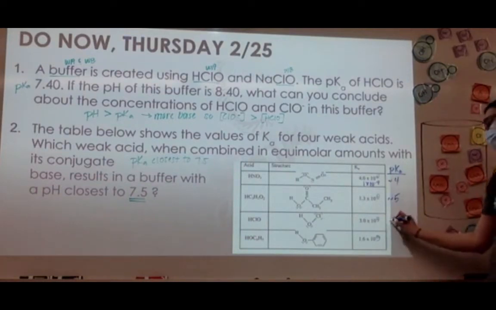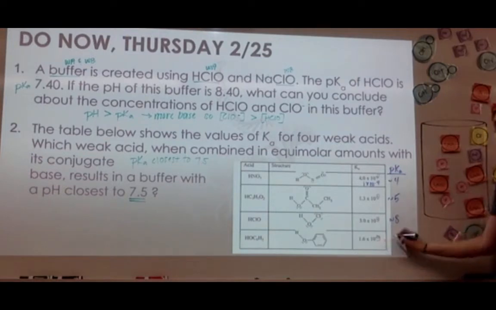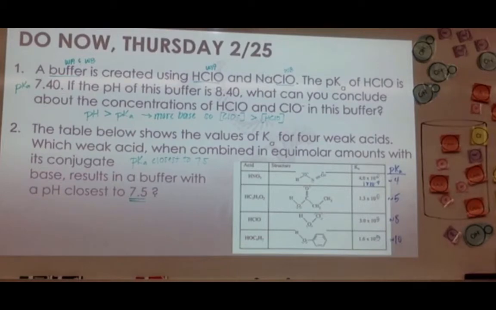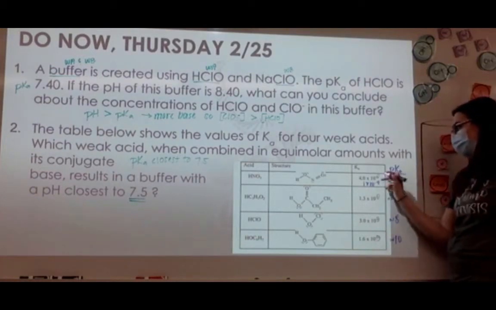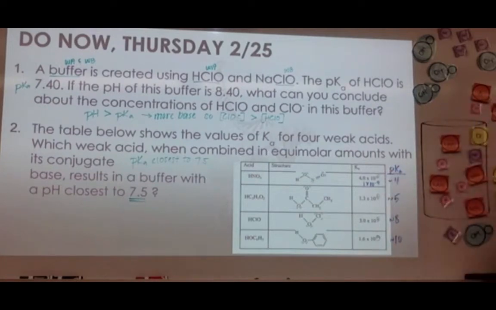HClO, the pKa would be about 8. And then the last one, the pKa would be about 10. So to estimate taking a negative log, you can just take the absolute value of the exponent. And so then here are our approximate pKa values.